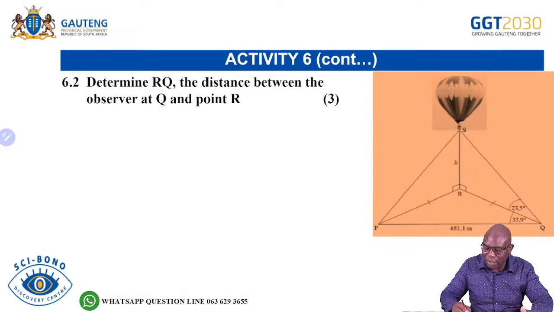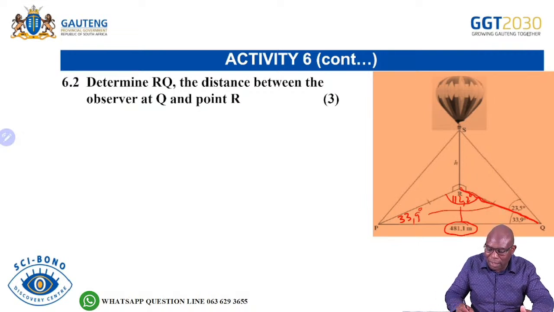Okay, now the next question, determine RQ, the distance between the observer. So in other words, I need RQ. What do I already know? I know that this is 33.9, this is 112.2, and this angle here, it's opposite that angle, that line, and it's given. Nice. The RQ, it's opposite that angle here, and I know it.